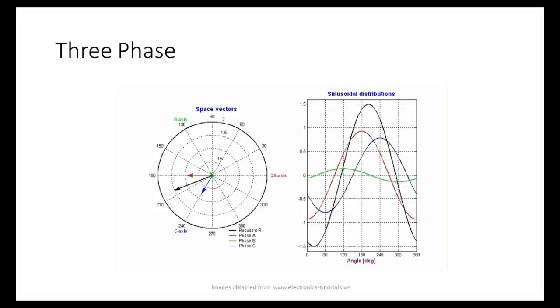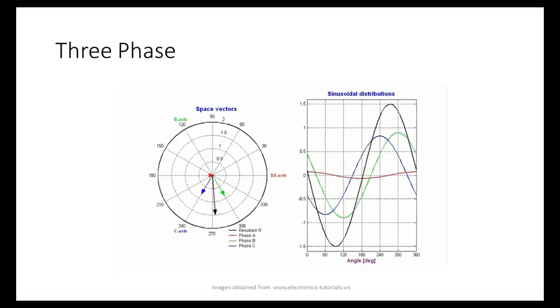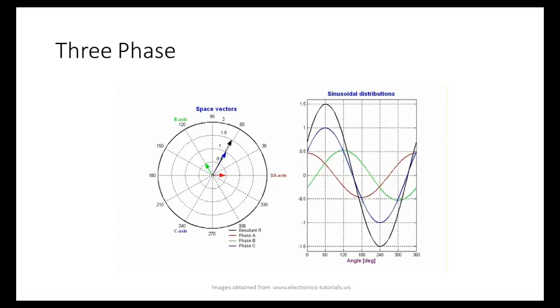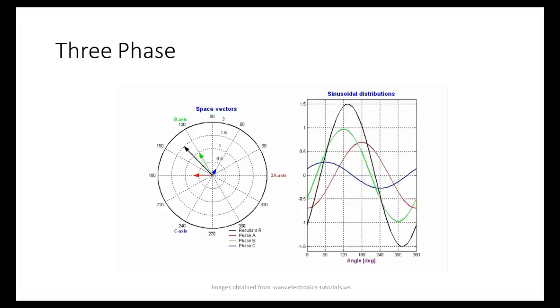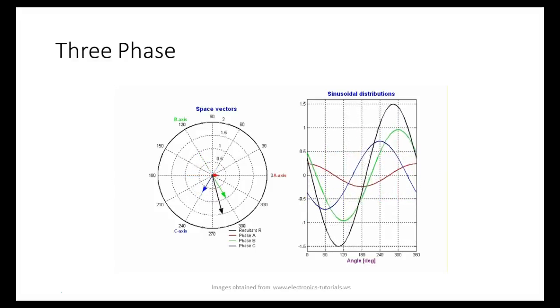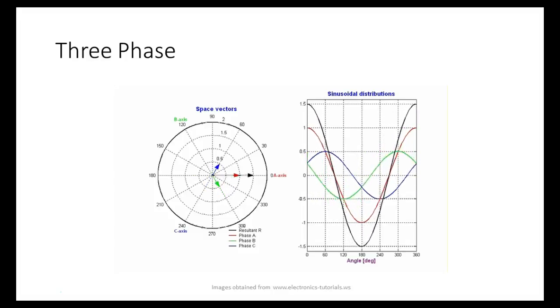So three-phase motors are more efficient than single-phase motors, and they create a real good run torque and a real good starting torque. But what's the big disadvantage of three-phase?